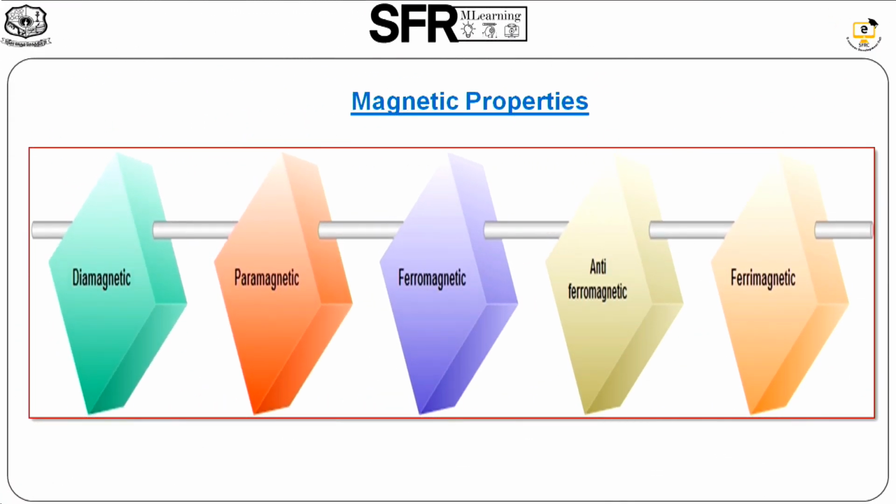And next one is the magnetic property of the material. Materials in which a state of magnetism can be induced are termed as magnetic materials. There are 5 classes into which magnetic materials may be grouped: diamagnetic, paramagnetic, ferromagnetic, antiferromagnetic and ferrimagnetic. Iron, cobalt, nickel and some of their alloys and compounds possess spontaneous magnetization.